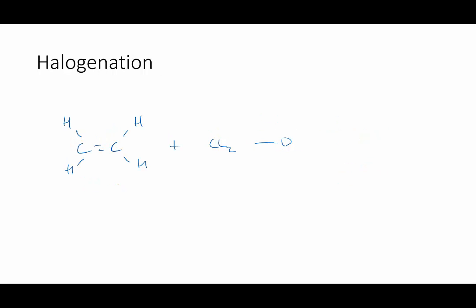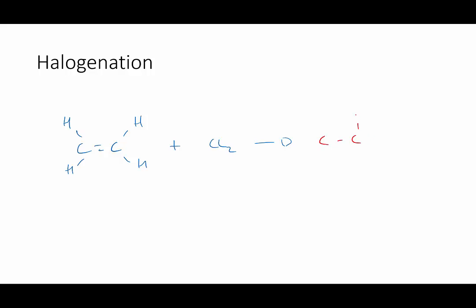So let's talk about the addition of halogens, because alkenes do indeed react with halogens in a process known as halogenation. We can react alkenes with bromine, chlorine, iodine, and these will all react at room temperature, so we don't need any special conditions at this particular point. So let's have a look at what the product is going to be. We know we're starting off with an unsaturated molecule. We know we're going to produce a saturated one, which means single bonds only.